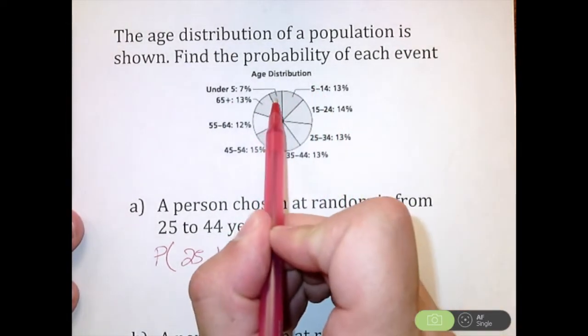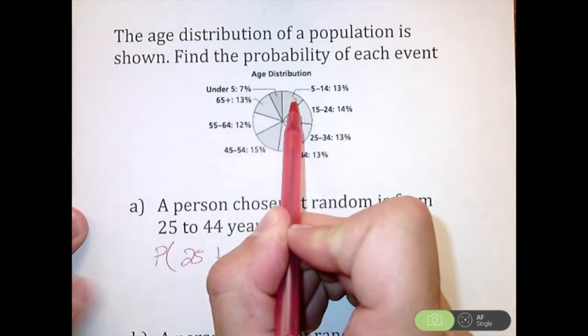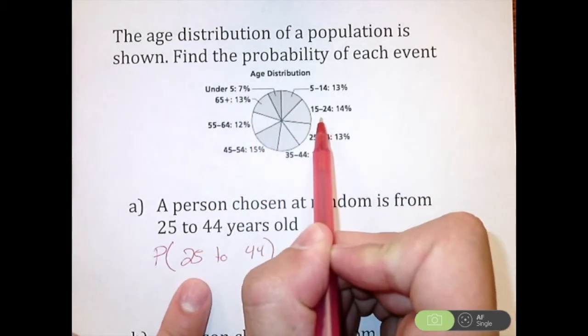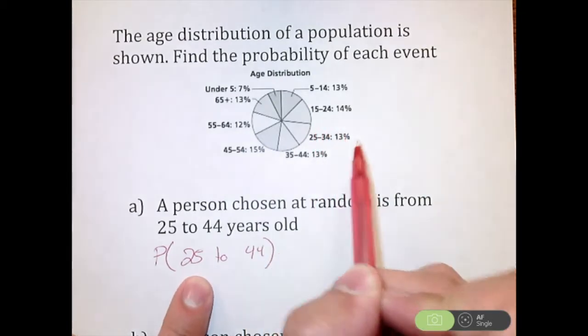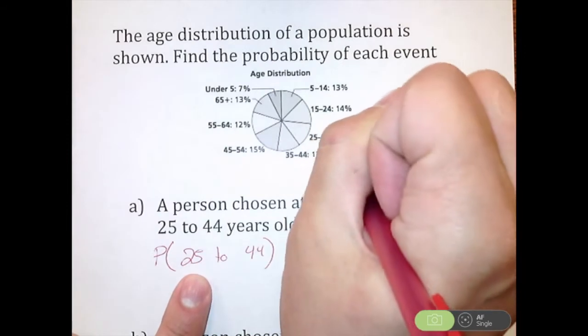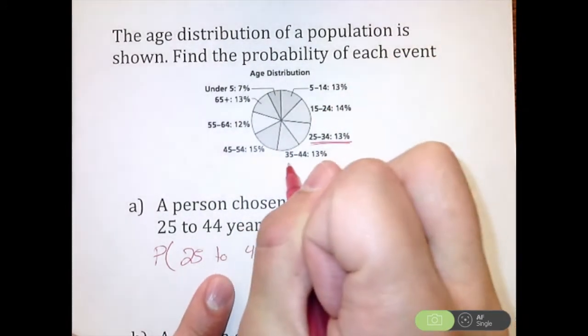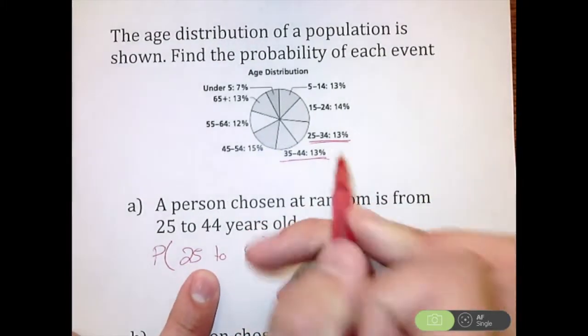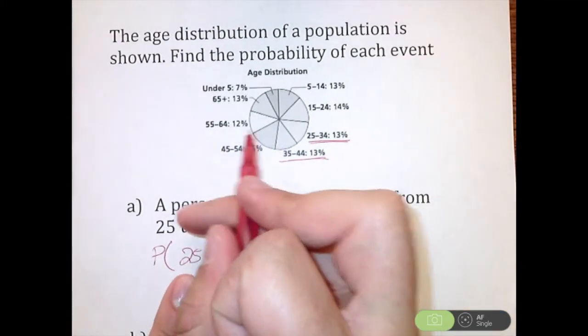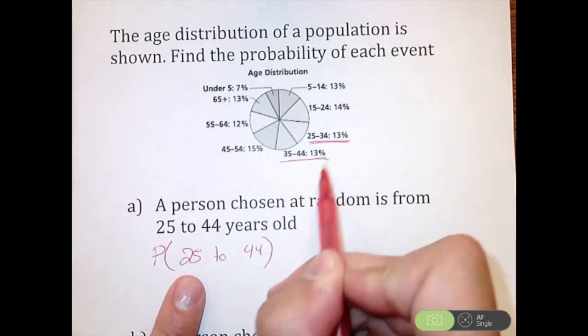So I have age under 5, no. 5 to 14, no. 15 to 24, nope, that's not quite it. 25 to 34, that's part of what I need, so I'm going to need this piece. 35 to 44, that's also between 25 to 44. 45 to 54, 55 to 64, 65 plus, no. So I need both of those pieces.